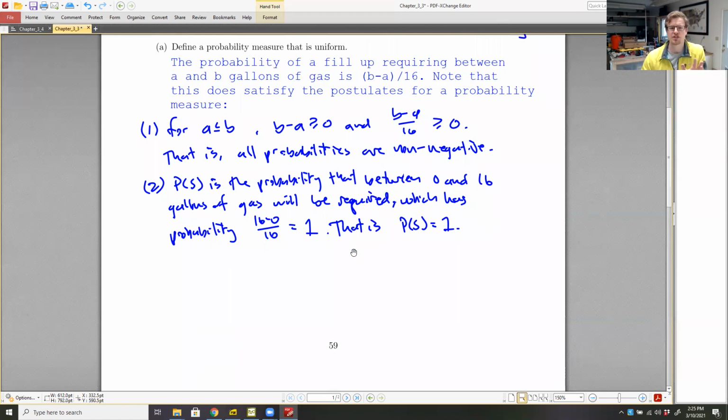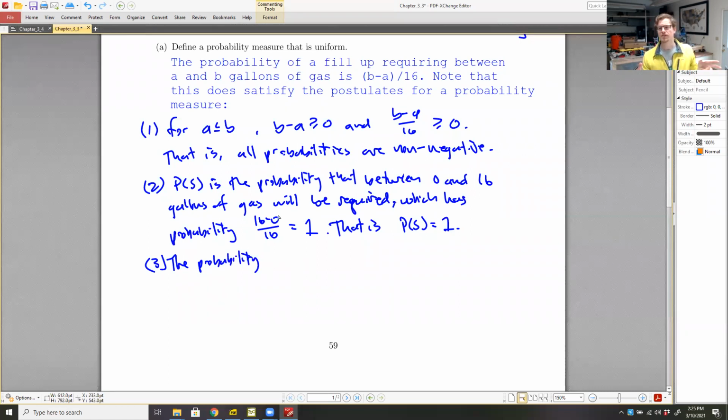Excellent. So then we just need to show that the third postulate is also satisfied, and that's that the probability of mutually exclusive events can be found by adding the probabilities of the two events. So what would it look like to have two mutually exclusive events here? Well, let's say between 3 and 5 gallons are needed and between 10 and 12 gallons are needed.